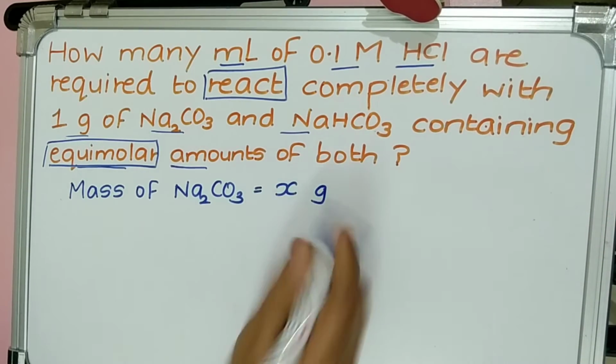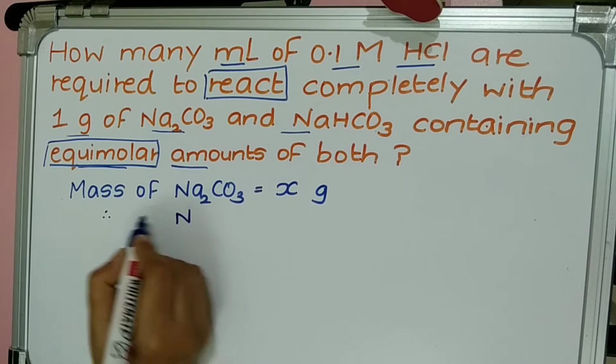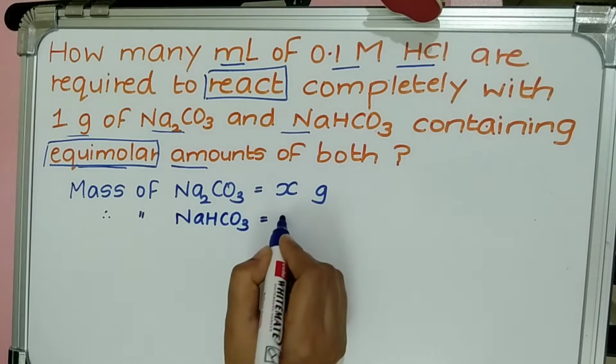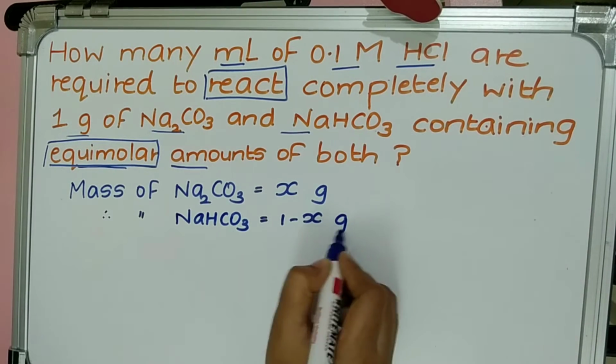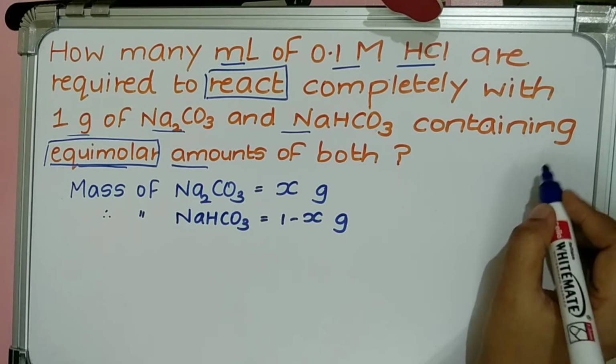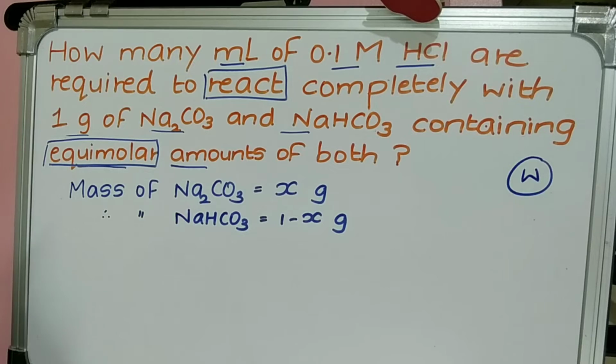We don't know, just supposing. Therefore, the mass of NaHCO3 will be 1 minus X grams. What is the total mass of the mixture? It is given as 1 gram. Now, we want W in the previous formula, the weight of HCl.